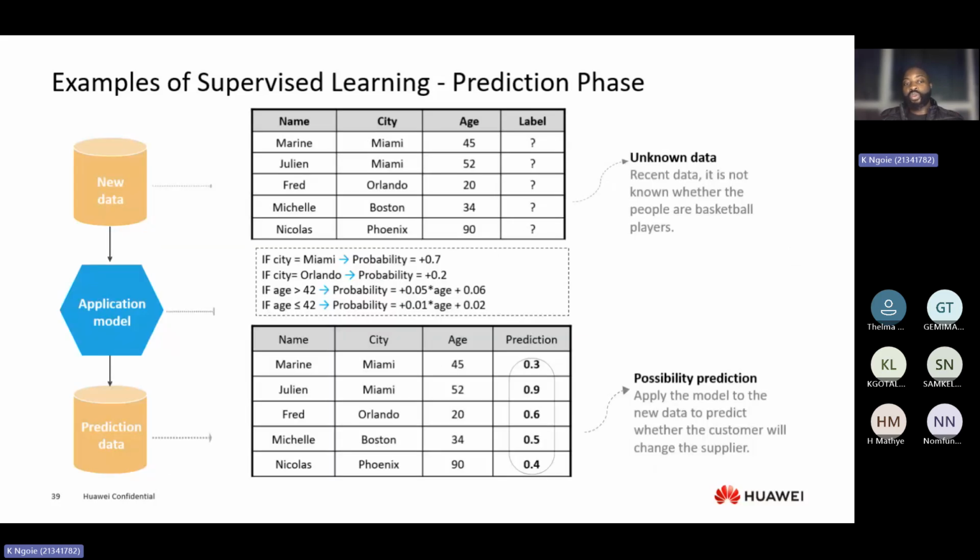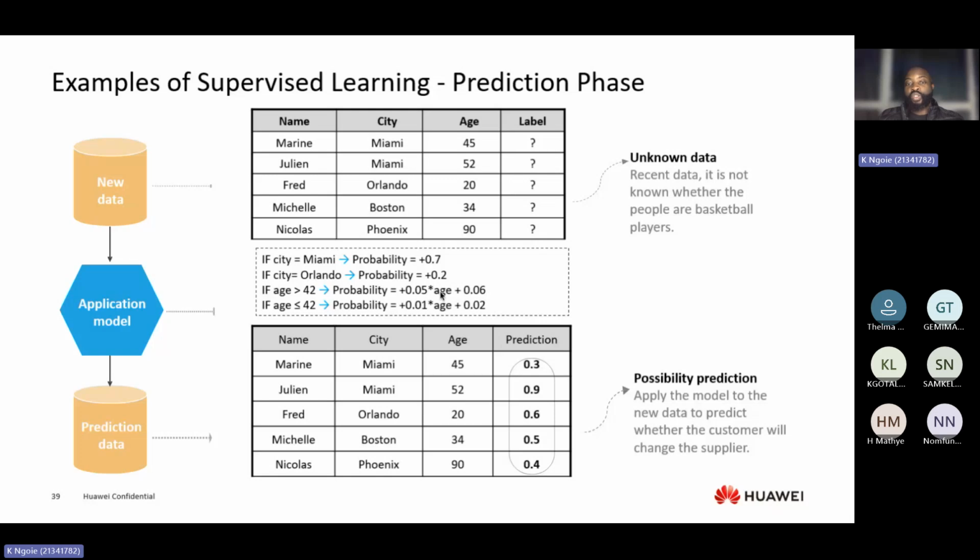After we created the model, now we can bring new data. The new data that we bring, these are the names of the people who were not there. The new data do not have a label, because this is what the model is trying to predict. So when we take the new data, we put it into the model that we created.